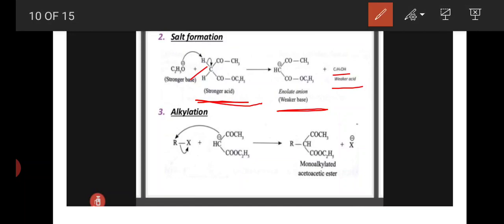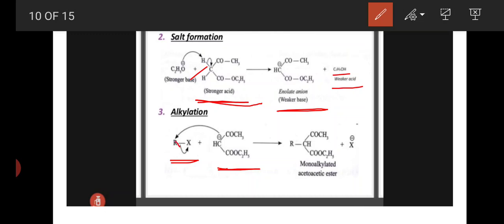Next is alkylation. Alkylation means when ethyl acetoacetate reacts with alkyl halides, one of the alpha hydrogens is replaced by an alkyl group and forms alkylated ethyl acetoacetate. Here RX is the alkyl halide reacting with ethyl acetoacetate. One of the hydrogens is lost and a carbanion, the ethyl acetoacetate anion, is formed.